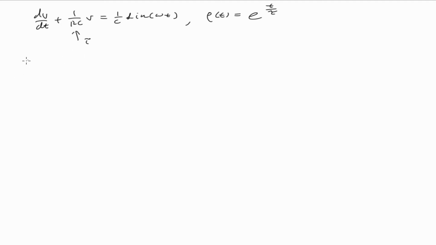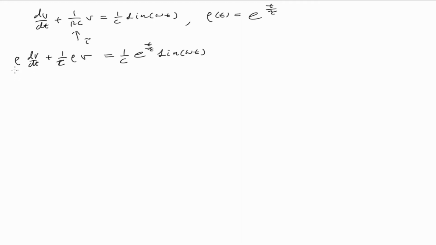All right, multiply everything on each side, and we get dv/dt times rho of t plus 1 over tau rho of t times v equals 1 over C e to the t over tau times sine omega t.